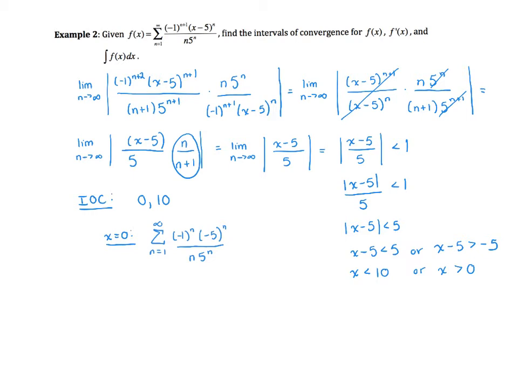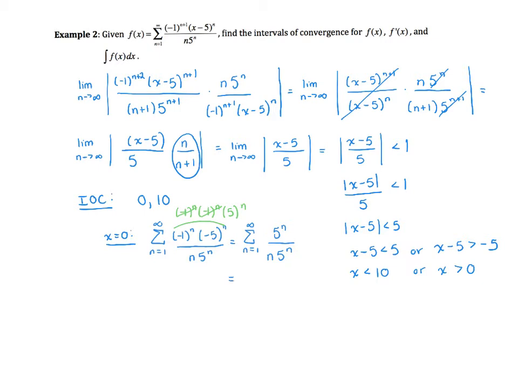If we simplify that, the two negatives make a positive. So this piece really becomes negative 1 to the n times negative 1 to the n times 5 to the n, and this becomes a positive 1 to the n. So that kind of drops out. We're left with the series from n equals 1 to infinity of 5 to the n over n times 5 to the n.